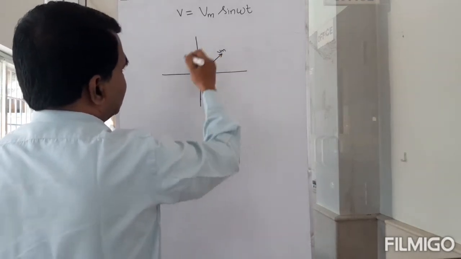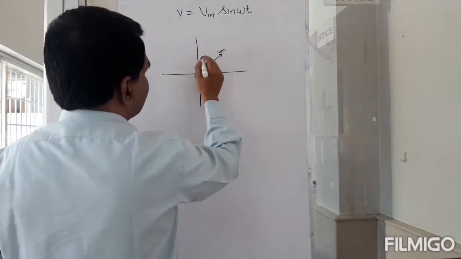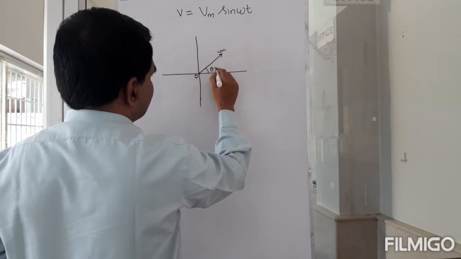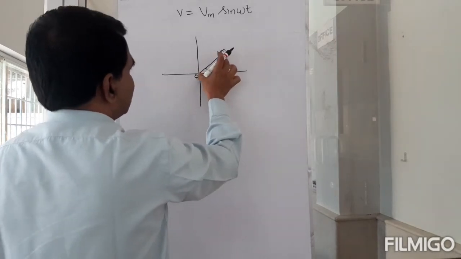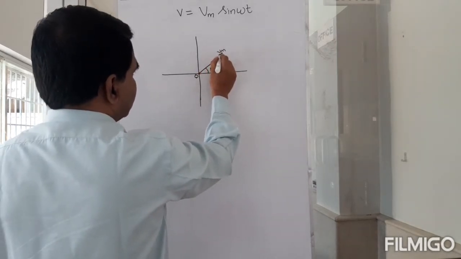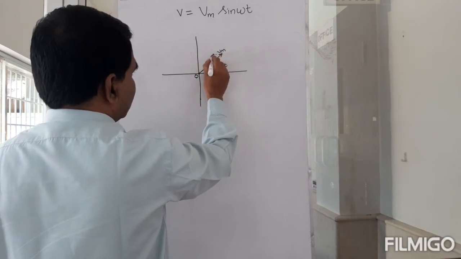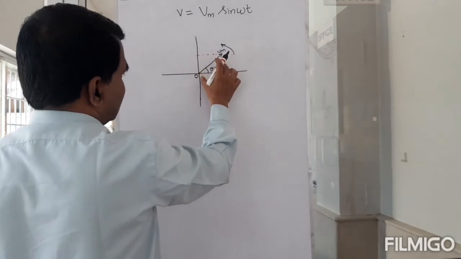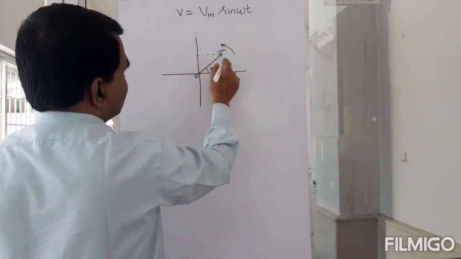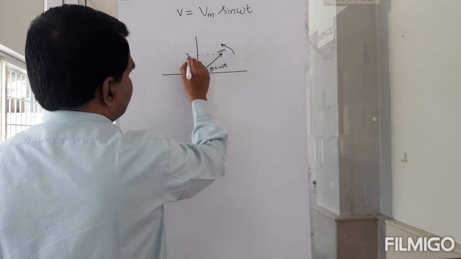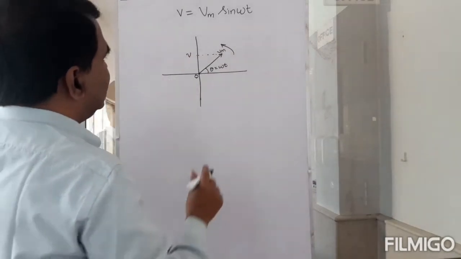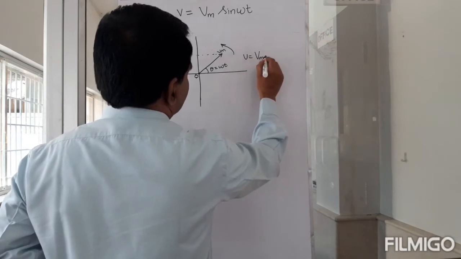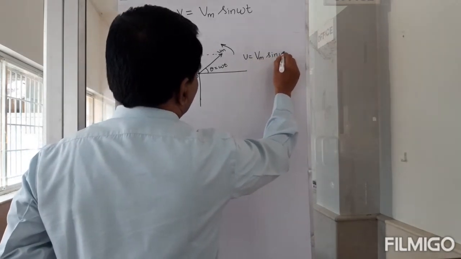So if I do that, then V at any point, suppose this is omega t, this is theta, right? Theta is equal to omega t. So the projection of this vector along the y-axis at any point in time t is your V. So V here is equal to Vm sine omega t.